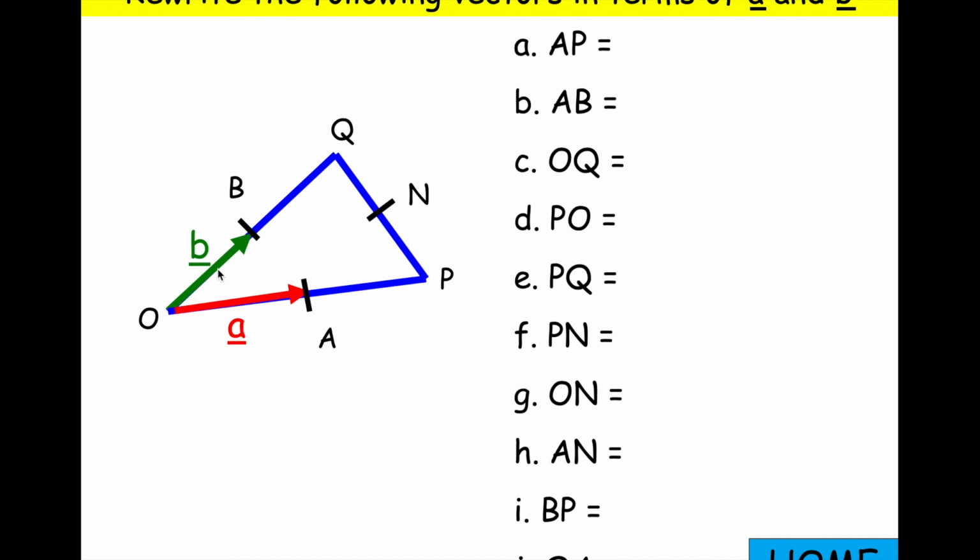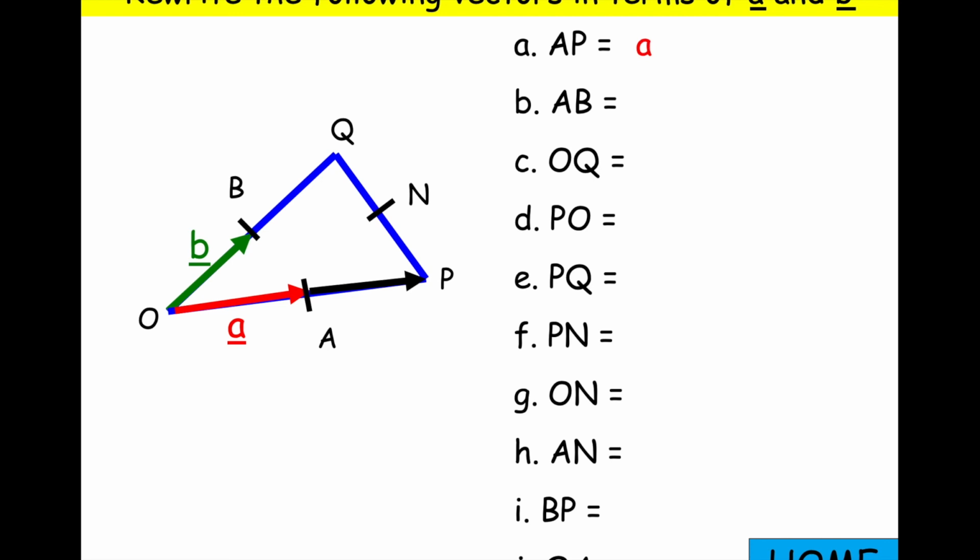So this segment is equal to this segment. Okay, let's make a start. Vector AP, this should be obvious. Since this size is equal to that size there, that has to equal A.